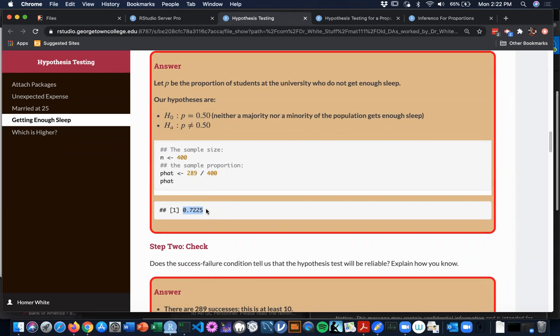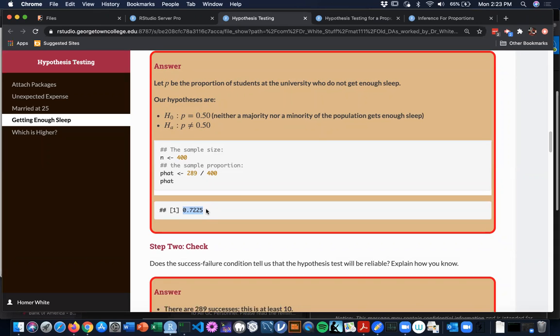When you do a test of hypothesis, you temporarily assume the null is right. And you wonder, how likely is it to get data like what we got if the null is right? So if the null is right, then half the population doesn't get enough sleep. When you take your sample of 400 people, you'd be expecting about half of that sample not to get enough sleep.